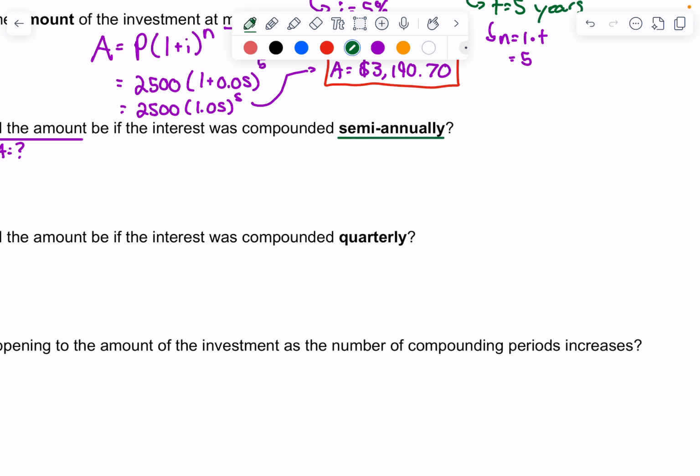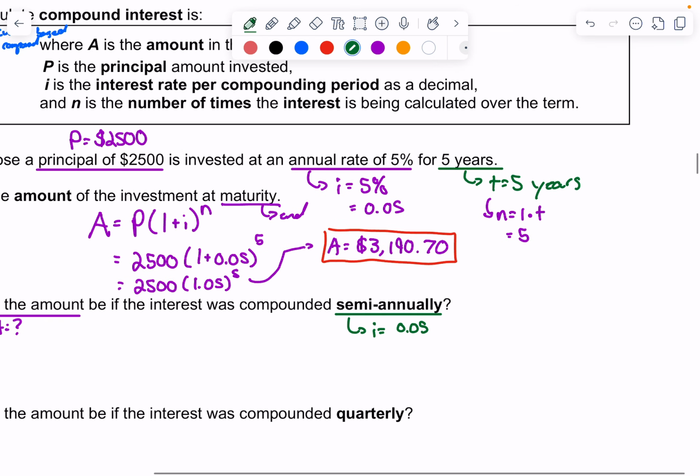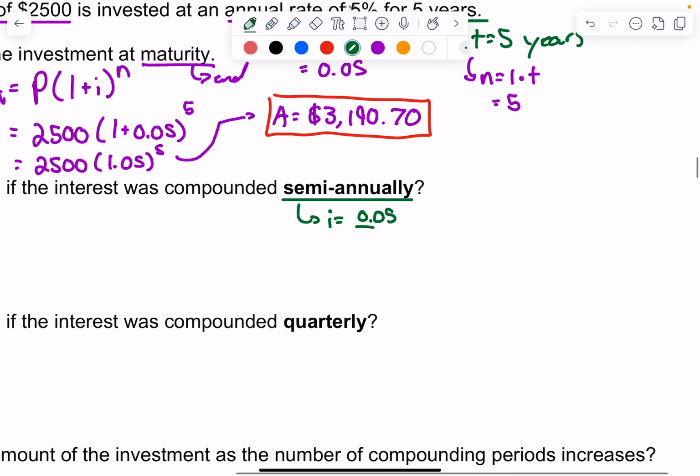In this case, the I that we are using is our percentage, 5%, which is 0.05, divided by 2, because it's semi-annually. That would give us an interest rate of 0.025.